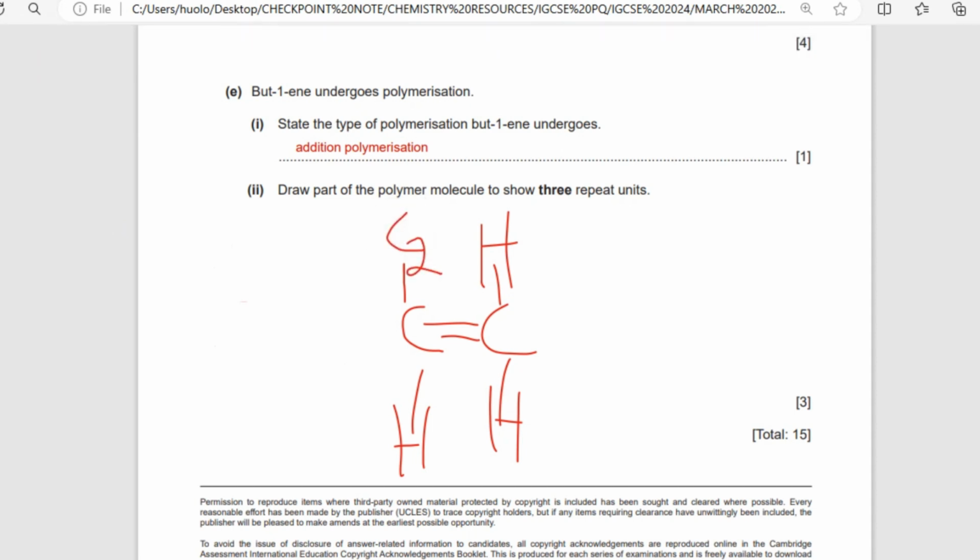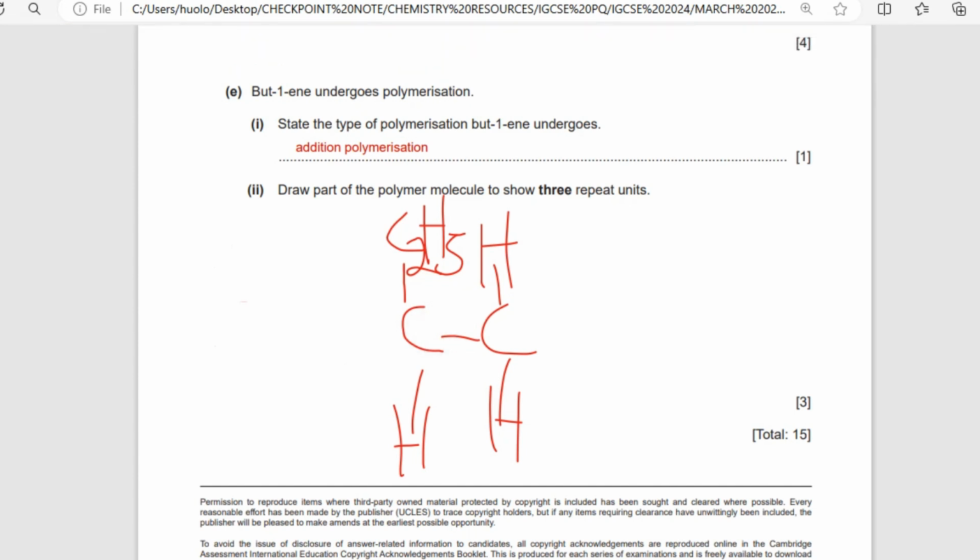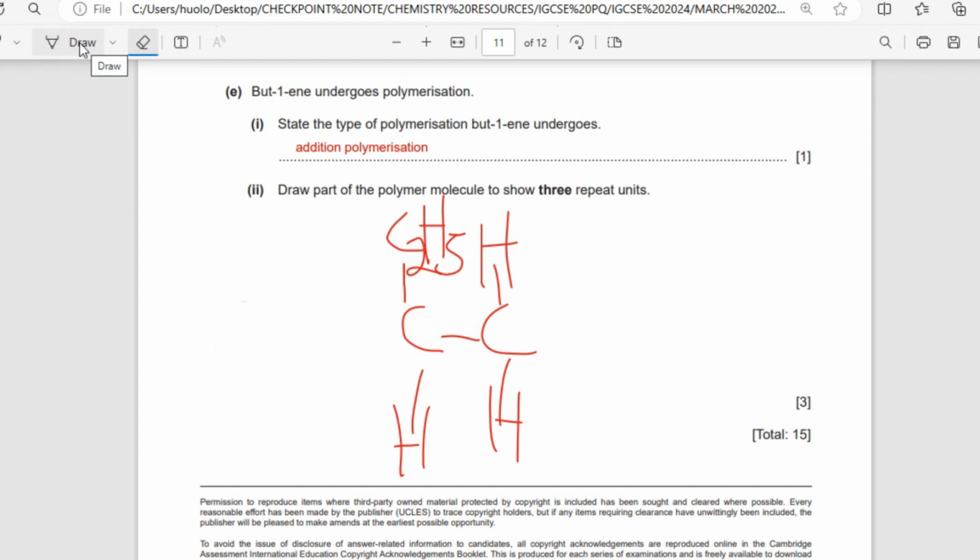Okay, C2H5. You put it this way. So our attention is this. So when this happens, this bond, when the polymerization happens, one of these bonds will be removed to continue the joining together.